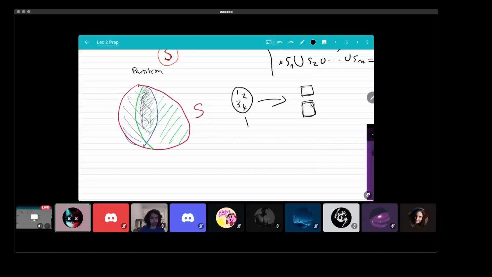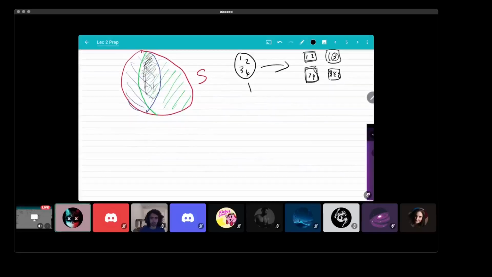So that's the overlapping thing. You'll have 1 and 2 here and 3 and 4 here, for example, not 1 and 3 and 3 and 4 and 2. That would not make sense because 3 is in both.